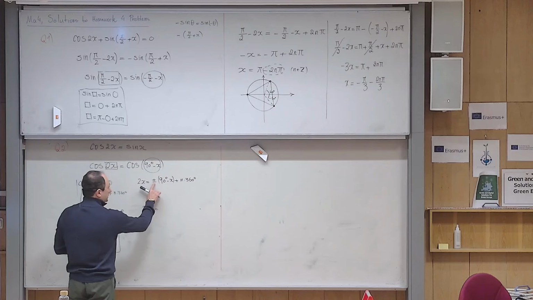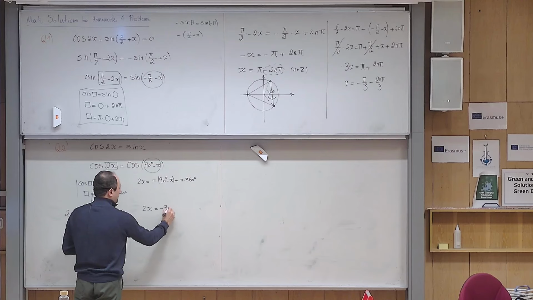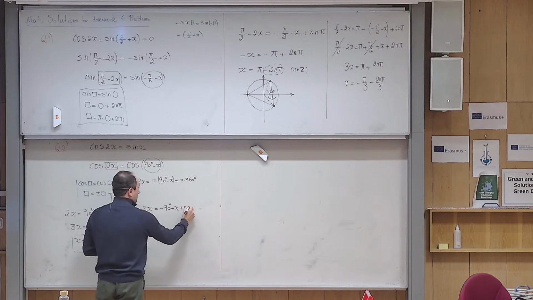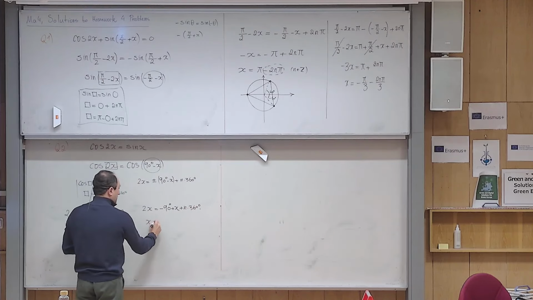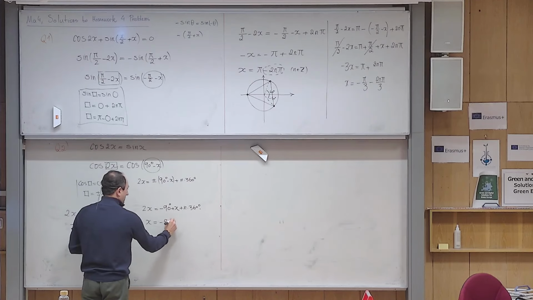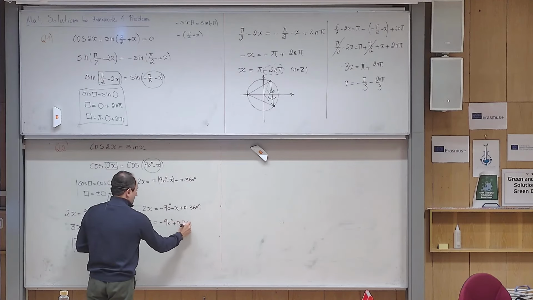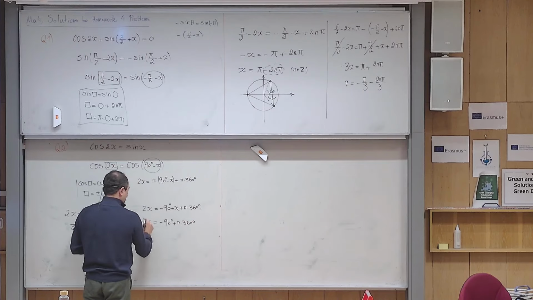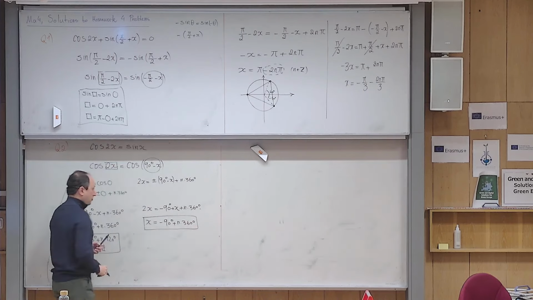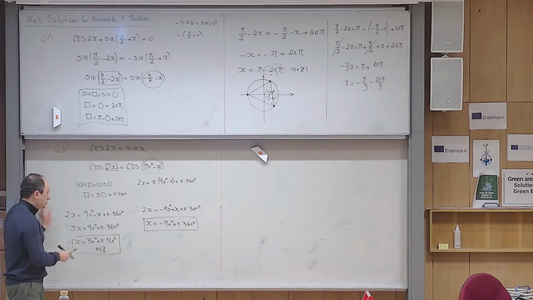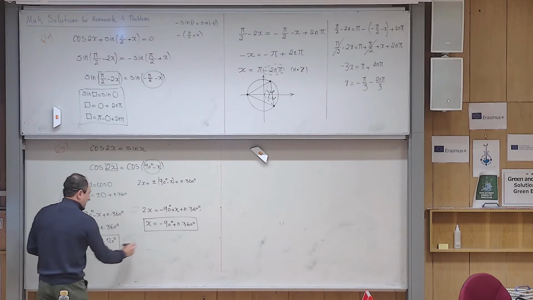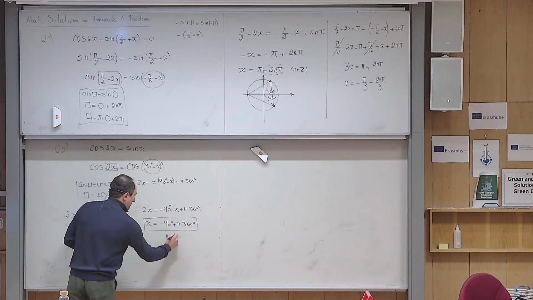But remember, the negative sign goes for here and there. So it becomes minus 90 plus x plus n times 360 degrees. If I move this to the other side, it directly gives me the formula. So these are the formulas that I get after solving the problem.